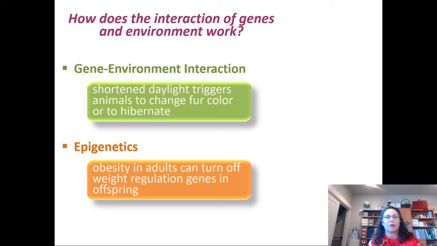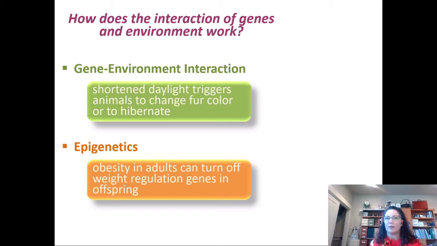So they've looked at, for example, in animals, that if the animal is obese, because the researchers overfed the animal and the animal was willing to do it, if the animal was overweight and obese because they actually maintained it for a long period of time in their life, it actually turns off their weight regulation genes so that they can actually hold on to that weight. And then they find that in the offspring, that gene is in the off position so that their weight regulation is off. And so the offspring have a predisposition towards obesity.